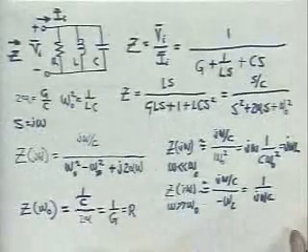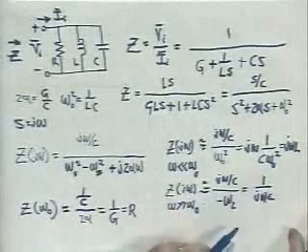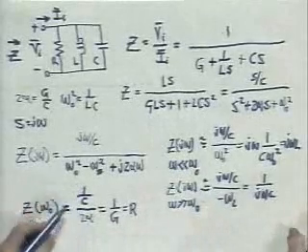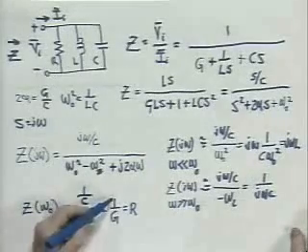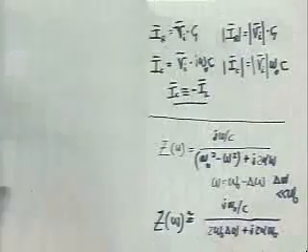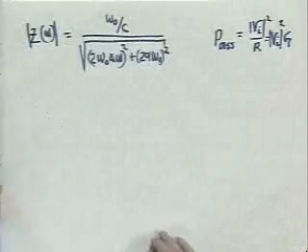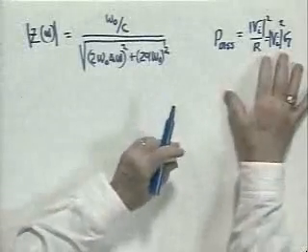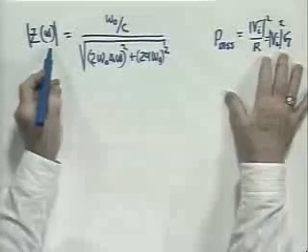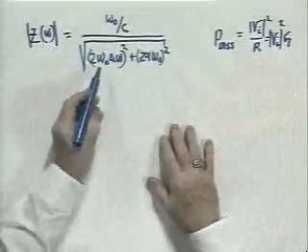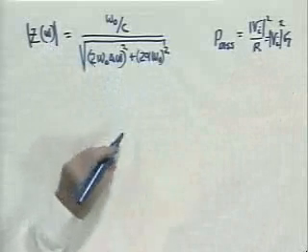At resonance, the omegas cancel. I get 1 over C upstairs, 2 alpha downstairs, equals 1 over G or R. So if we're driving it with a current at resonance, the impedance is its largest value ever.